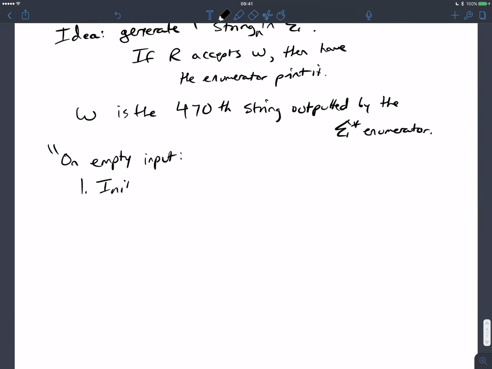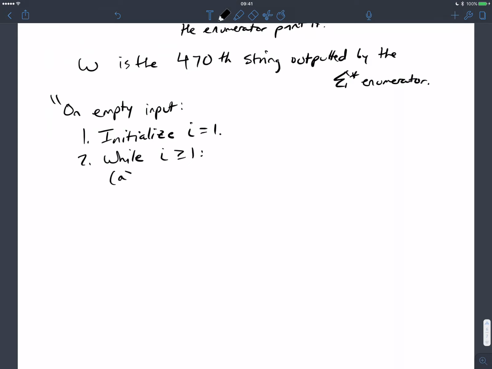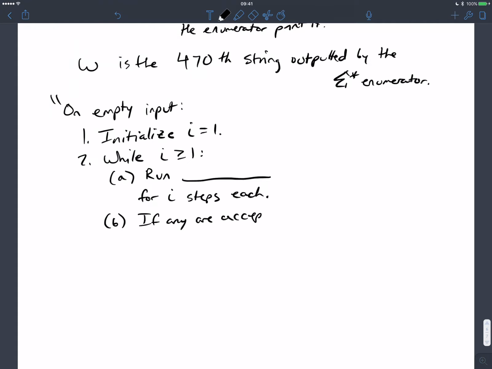So initialize I equal to 1, and then this while loop will run forever, but while I is at least 1, we'll run some number of strings for I steps each, if any are accepted by R, the recognizer.